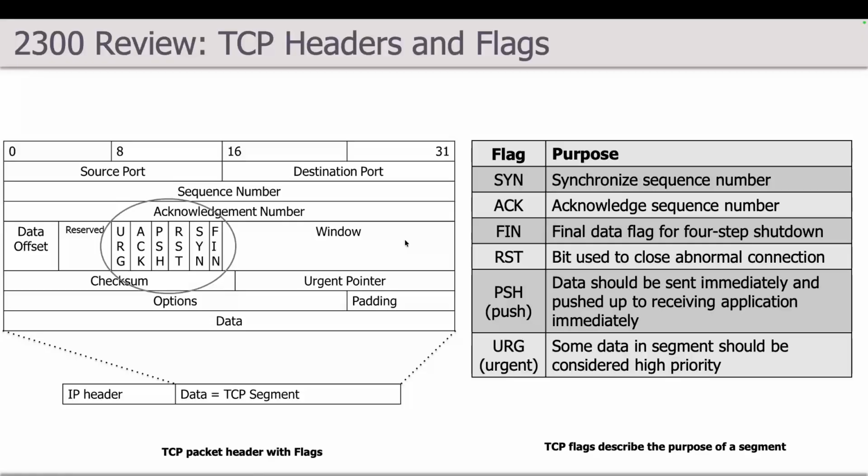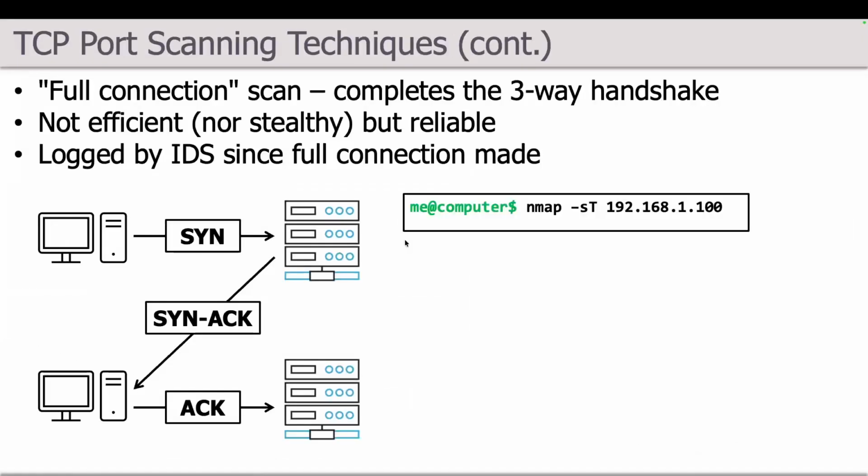That is our request to connect, our synchronize, our acknowledge, our finish, our reset, and two others that are not as relevant, push and urgent. Think of each as just a single bit that is turned on or off when we're sending our TCP packet, and that is part of the way we connect to machines in general.